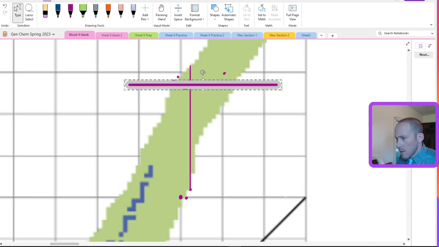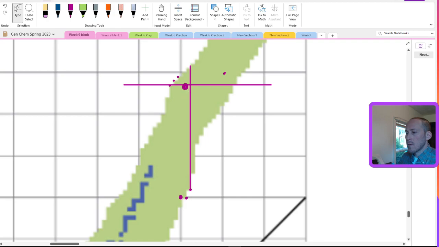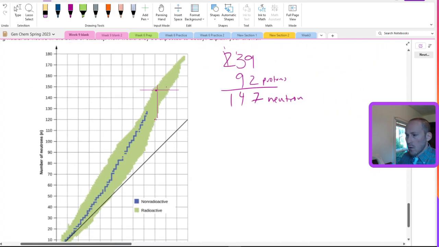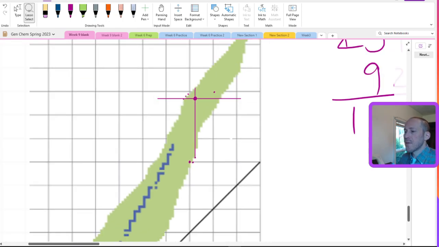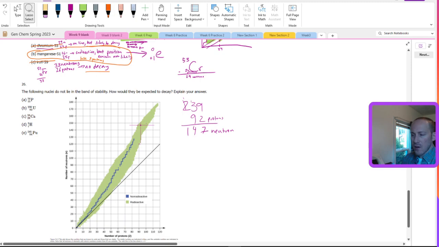Make you thin. Sorry, this particular moment is a little wonky. There we go. Okay, so that is the uranium-92.